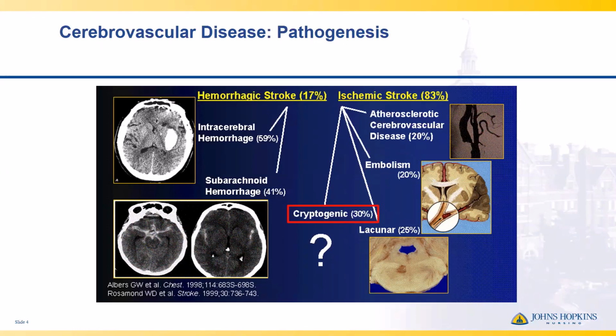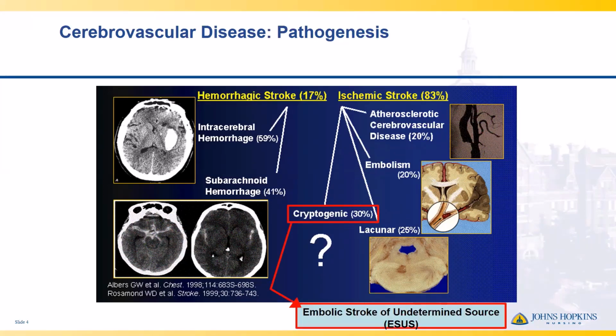And then about 30% of strokes are what we used to call cryptogenic strokes, but now are called embolic strokes of undetermined source, or ESUS for short.